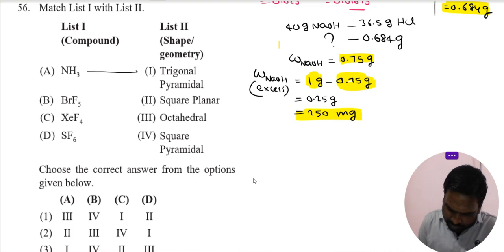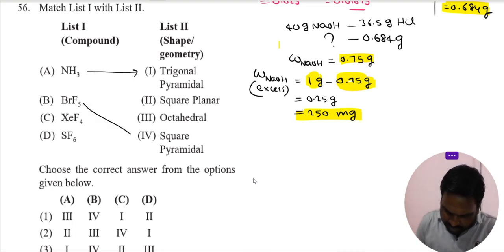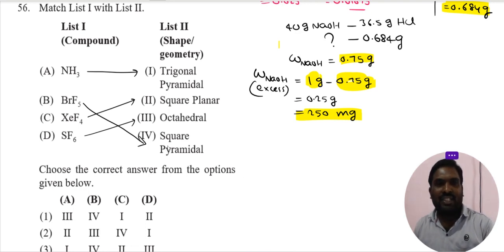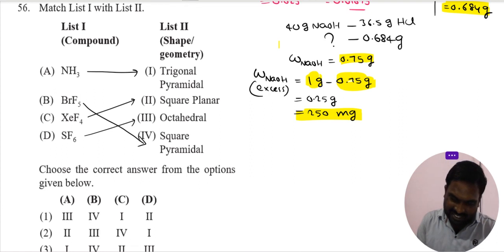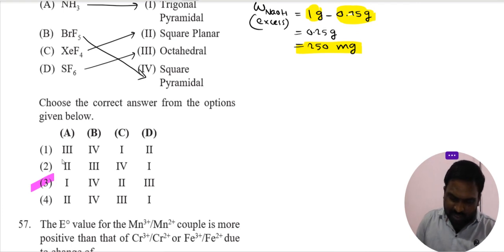Trigonal pyramidal, okay. And BrF5 is square pyramidal, and XeF4 is square planar, and SF6 is octahedral. Then which one is the right answer? Option 3 is the right answer. Understood?